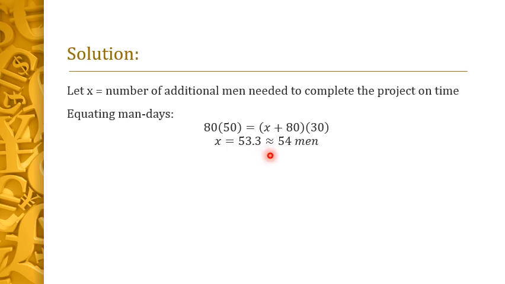Rounding that up to the nearest whole number, we get 54 men. This means that in order to complete the project on time, 54 more men should be employed.